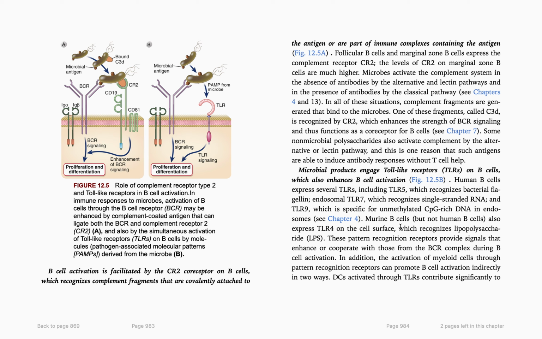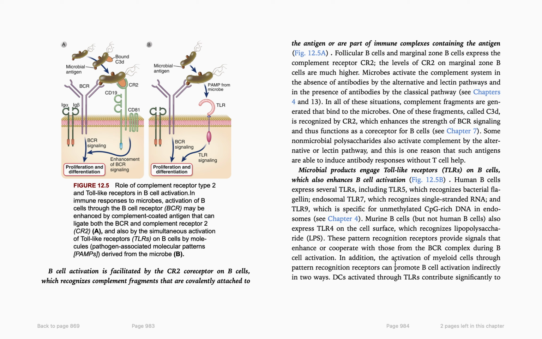Murine B cells, but not human B cells, also express a toll-like receptor on the cell surface, which recognizes lipopolysaccharide, LPS.